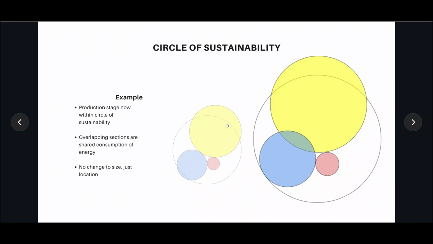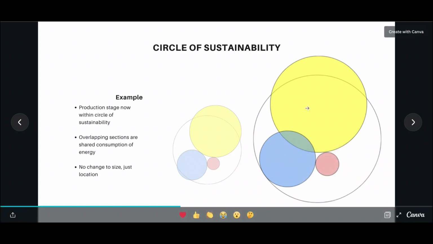So in this case, what I did is I essentially left the usage stage circle where it is. I moved it a little bit, but I moved the production stage circle closer into the circle of sustainability so that it is entirely inside the circle of sustainability.